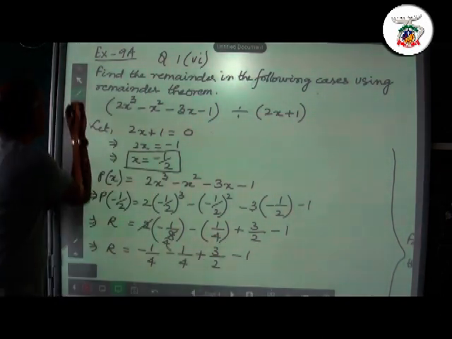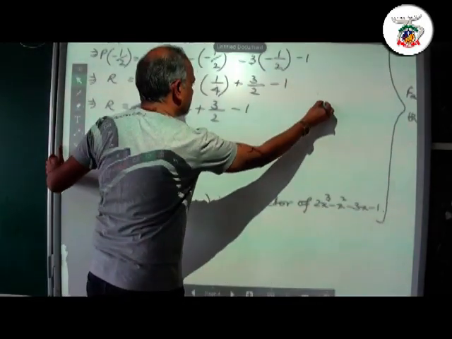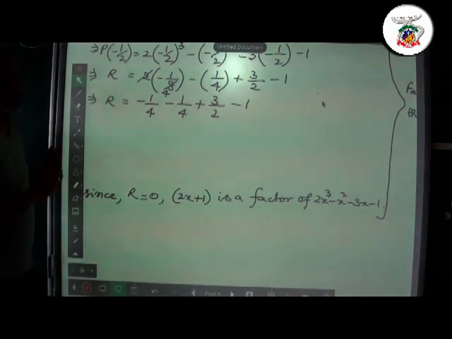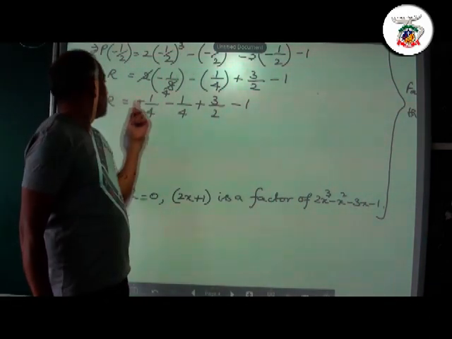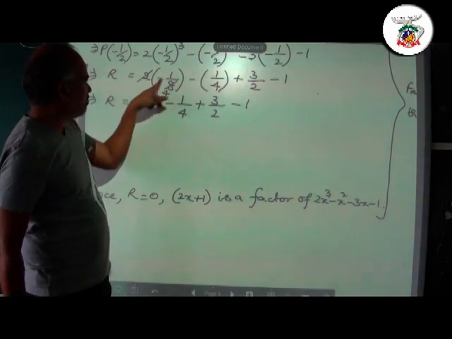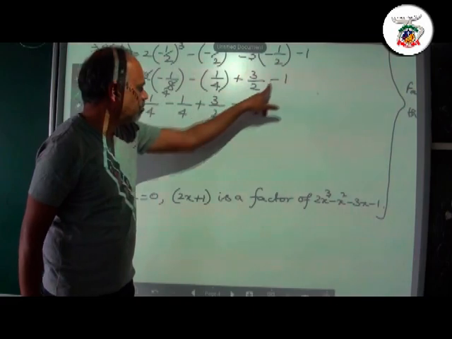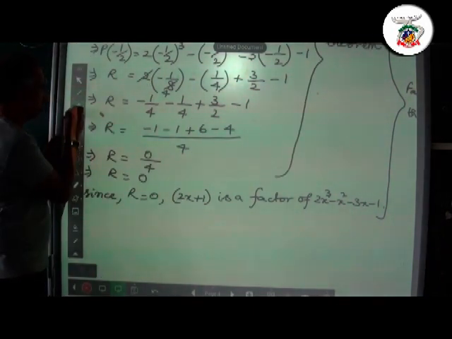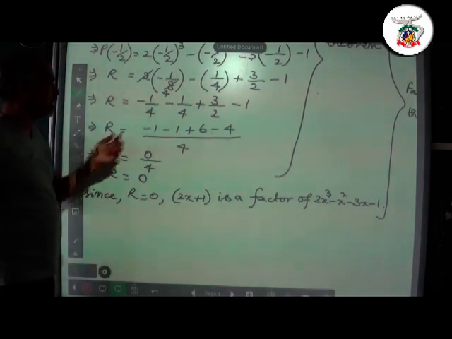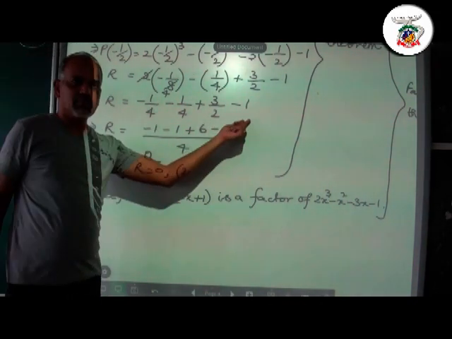So the remainder is, after simplification, minus 1 by 4, minus 1 by 4, plus 3 by 2, minus 1. Now to simplify this, find the LCM.